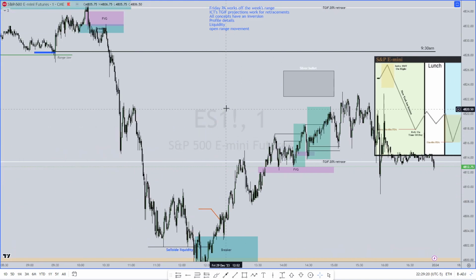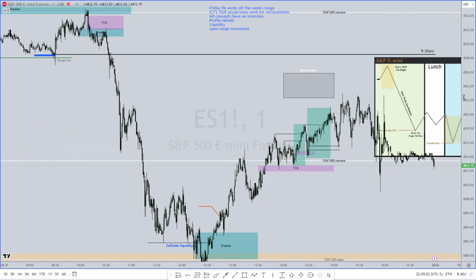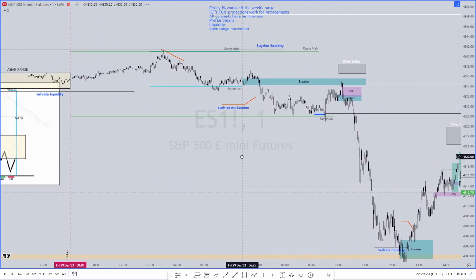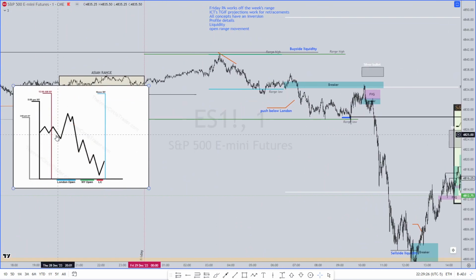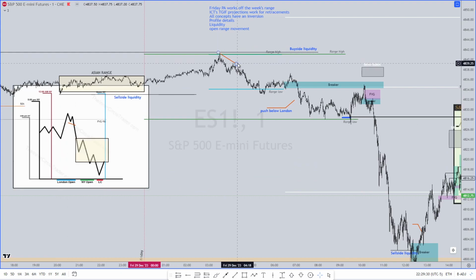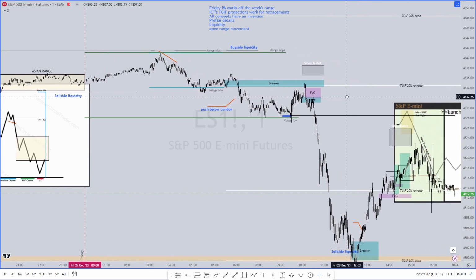So that's the deep dive on the profile, process of elimination or identification using things like the London protraction model, seeing that there was no secondary push, waiting until price broke both the London and Asia sell side, using our TGIF framing for context, expecting, anticipating, fully realizing that price was going to push up because that TGIF level now became an inversion.